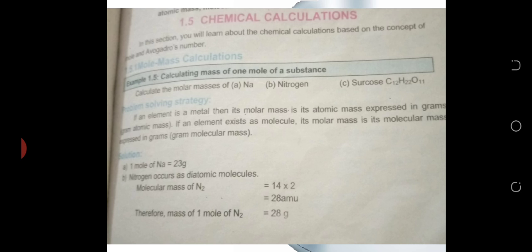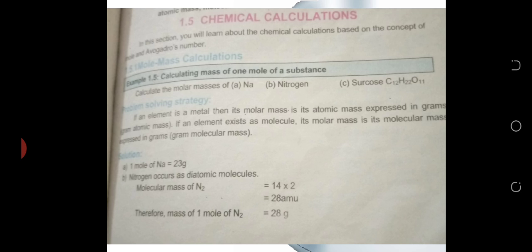The first element is sodium, second is nitrogen, and third is our compound sucrose, which contains hydrogen, carbon, and oxygen. How many atoms? Carbon 12, H22, and O11.